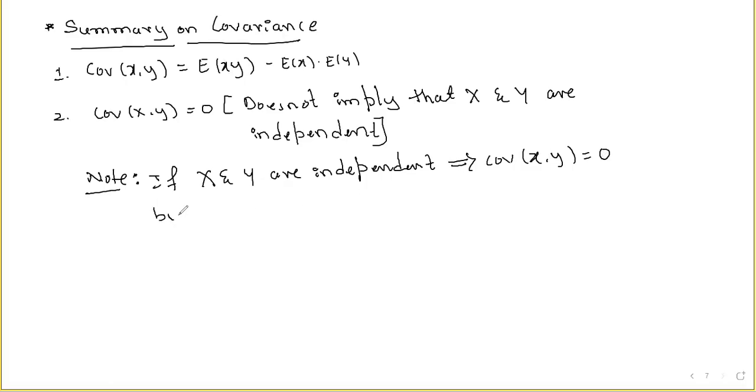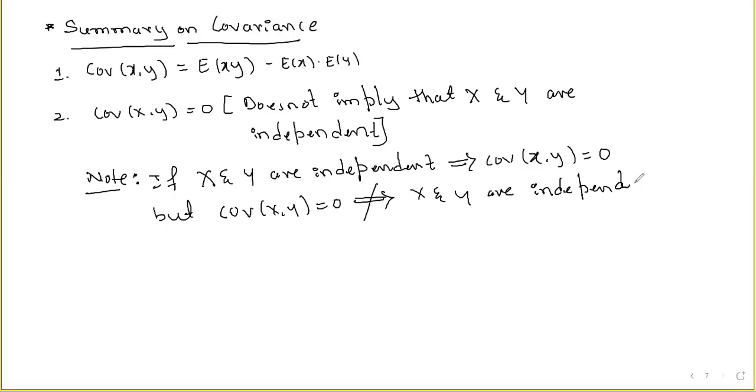But covariance of XY is 0 does not imply X and Y are independent. It means that the reverse is not true; it may be true, it may not be true. If they are independent, yes, obviously covariance is zero. But if covariance is zero, we can't say that X and Y are dependent or independent.